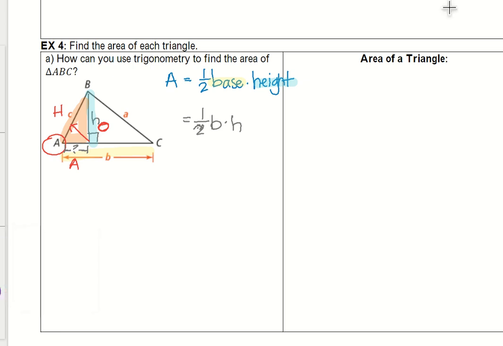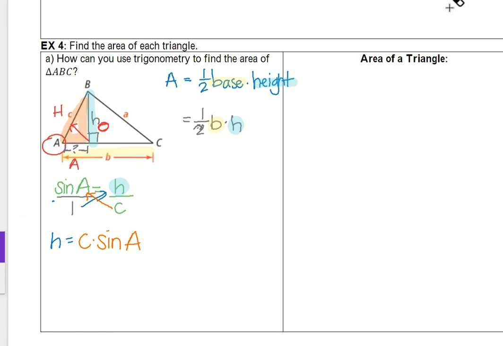So if I use sine of A, so sine of that angle A would be equal to H over C. And so I can figure out what H is, what the height is, what I don't know, if I solve that equation. So if I want to solve for H, if I put sine of A over 1 and I cross multiply, that's going to tell me that H is going to be equal to C times sine of A.